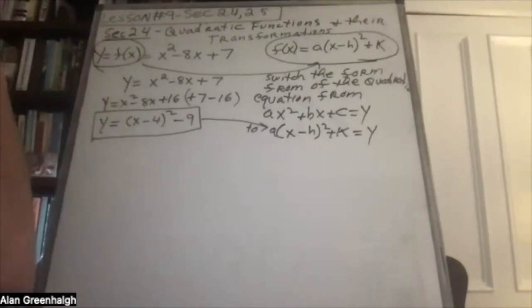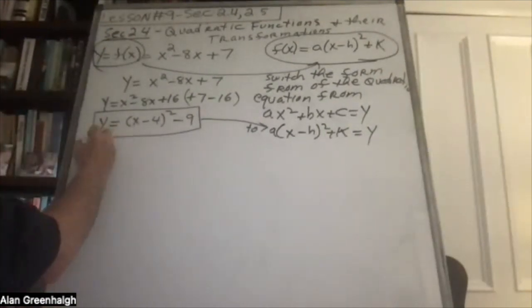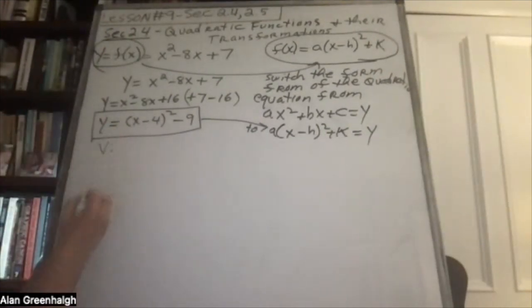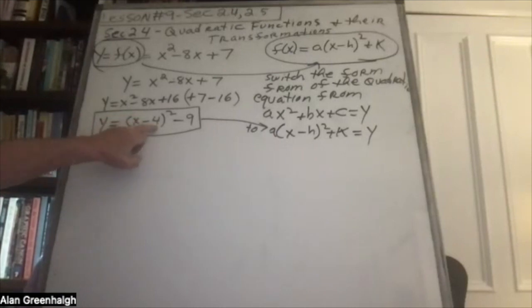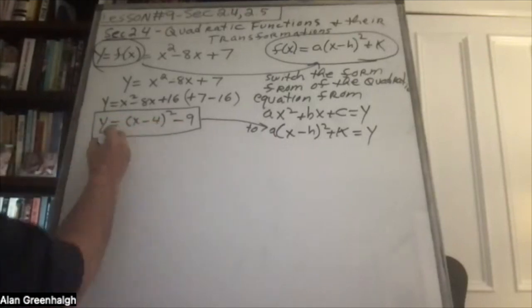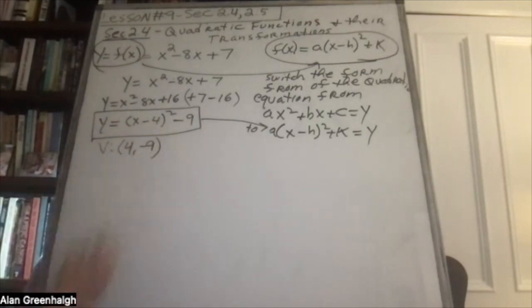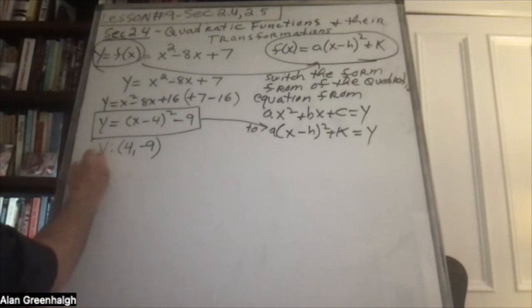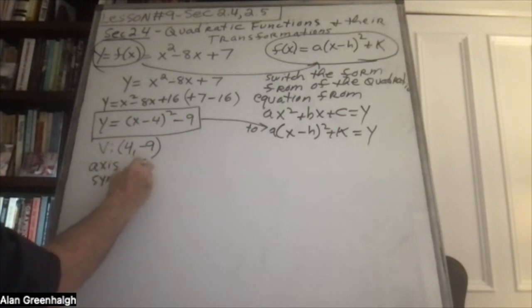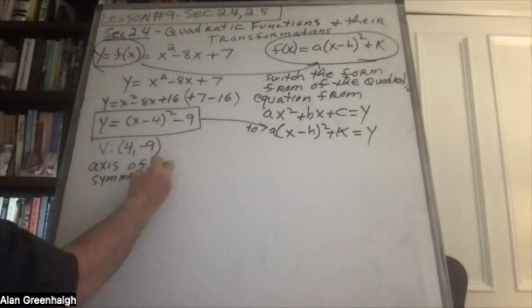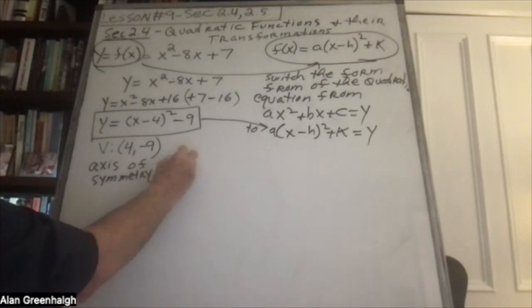Okay, so let's get going now. So let's see, the vertex. The vertex is going to be the opposite of negative 4, which is 4, negative 9. The axis of symmetry is x equals 4.